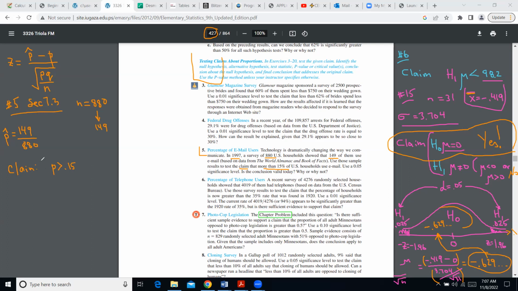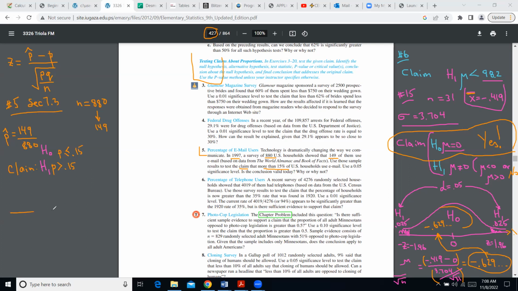So I have to bring this claim into H1, right? Because H0 is supposed to have the equal sign, which is going to be the opposite of this statement. The opposite of greater is less than or equal, right? To 0.15. So that's the opposite.